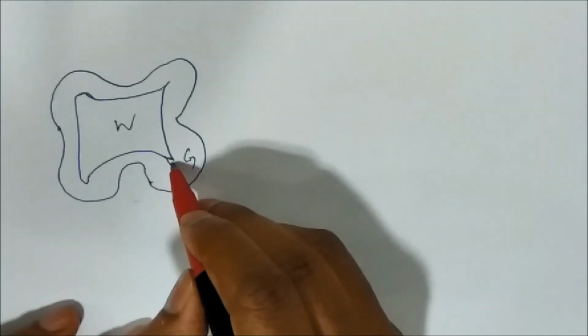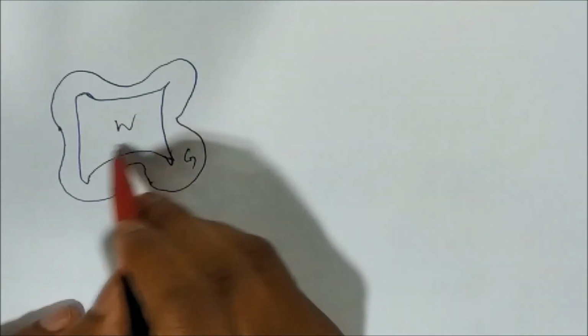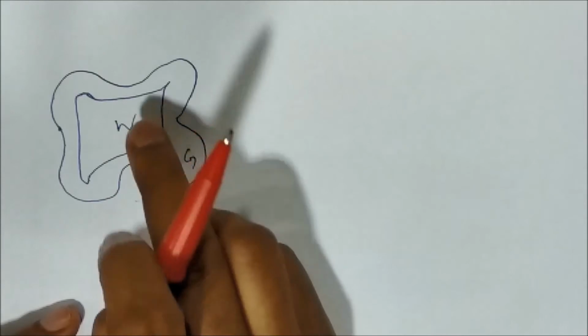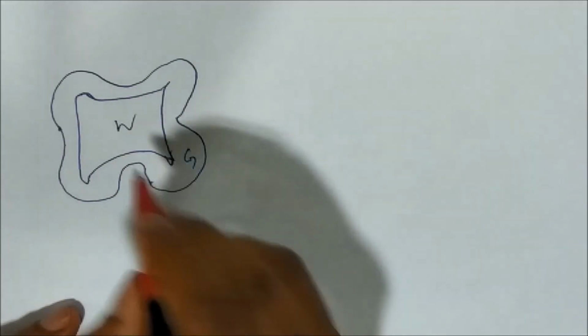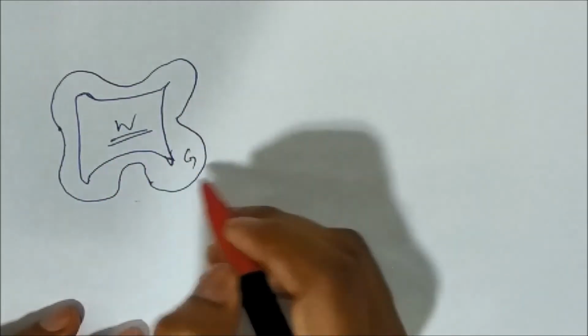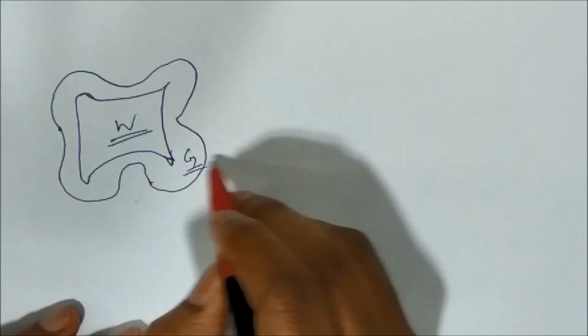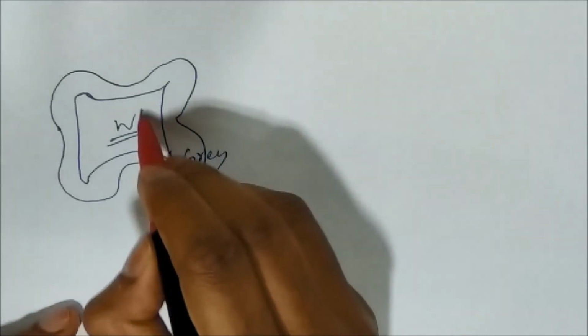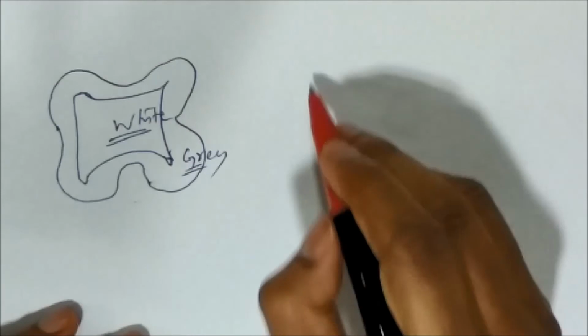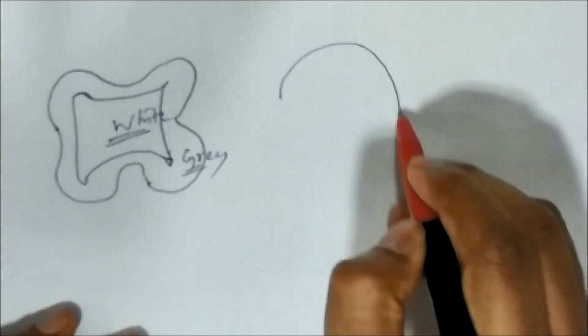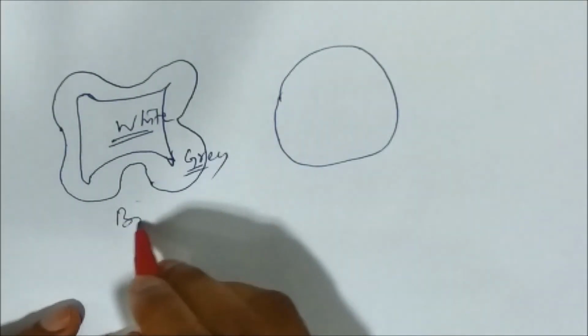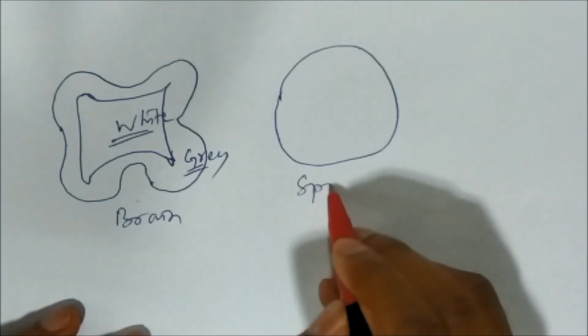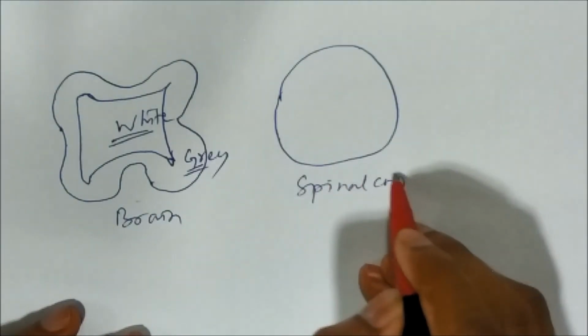So in the brain, the myelinated neurons are located in the center, which provides the white color, whereas the rest is grey. This is grey, this is white. And in the spinal cord, it is just the opposite.